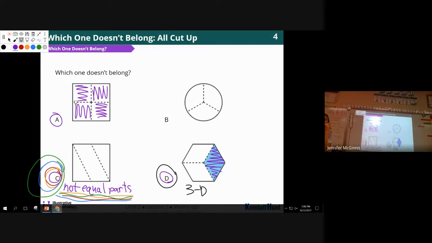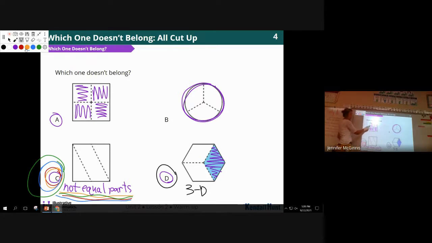Because they're all squares and B is the only one that has rounded edges. So which one doesn't belong? B. All of them. None. They all don't belong for their own reasons.